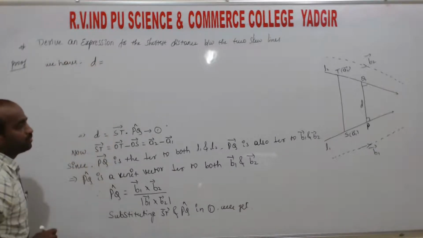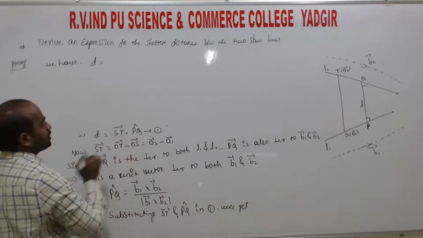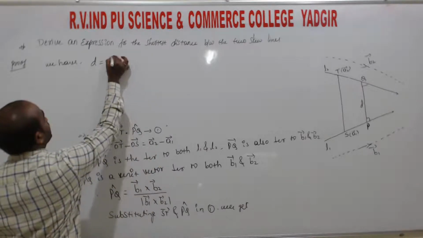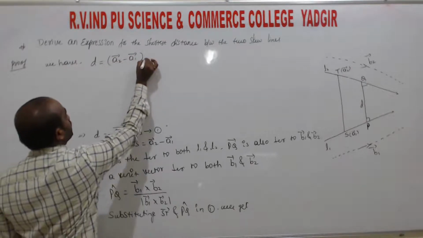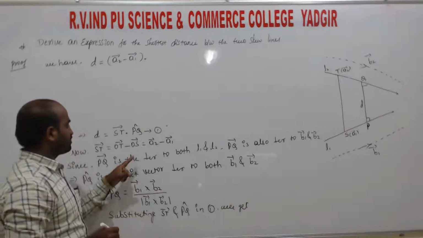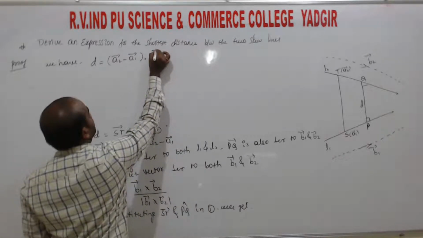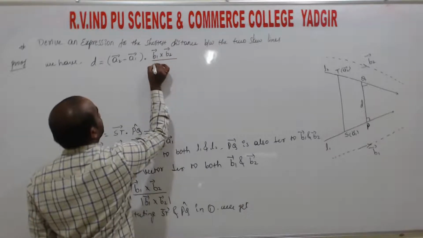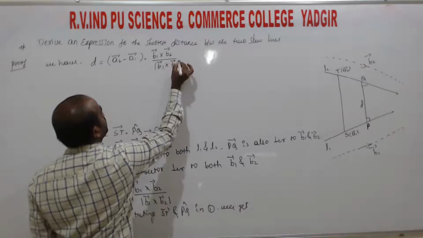D is equal to ST dot PQ cap. ST vector is A2 minus A1, dot PQ cap, which is B1 cross B2 divided by magnitude of B1 cross B2.